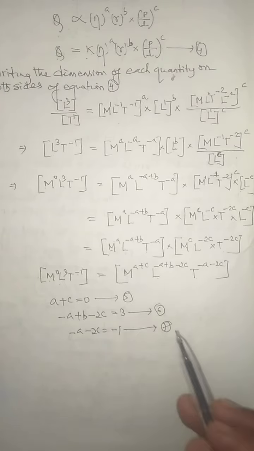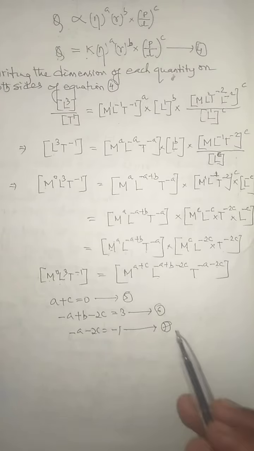So I write down now, therefore, from equation 7. Let me substitute A equals minus C in equation number 7. You know what is equation number 7? Minus A minus 2C equals minus 1. Now A is already there with a minus sign, but what is A? Minus C. So minus minus C minus 2C equals minus 1.